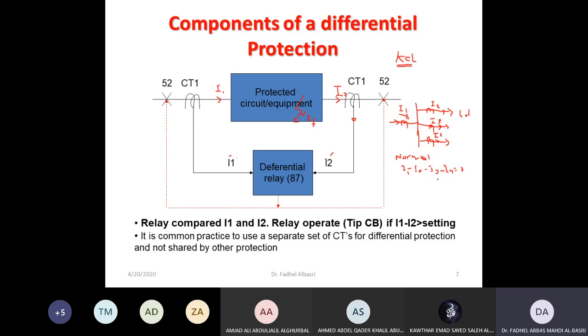If this is not equal to 0, this is the differential. If the difference is greater than 0, this means there is a fault. So during fault condition, this is called I differential.